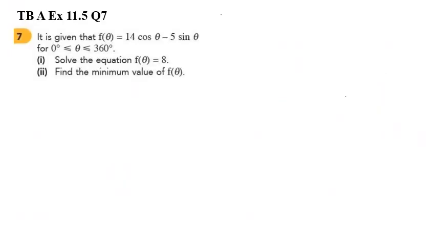All right, let's look at question 7. Similar to what we have done, just that we need to solve the trigo equations. So for the first part, we just need to express this as a single trigo function using the R formula. So we can let this equal R cosine bracket theta plus alpha.